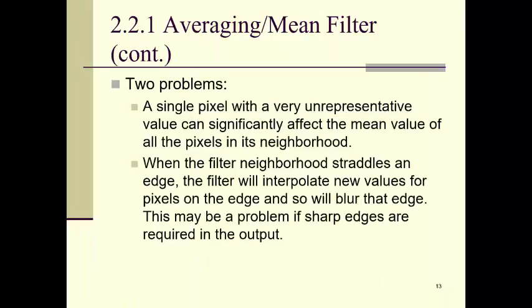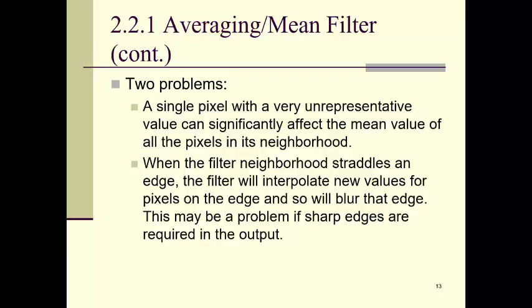So here for this averaging or mean filter, we say that we have two problems. We say that a single pixel with a very unrepresentative value can significantly affect the mean value of all pixels in its neighborhood. What is the meaning of this? For example, assume that in my 3x3 neighborhood of the image, I have these values, 20, 30, 20, 30, 20, 35, 30, 35, let's say 30 here.